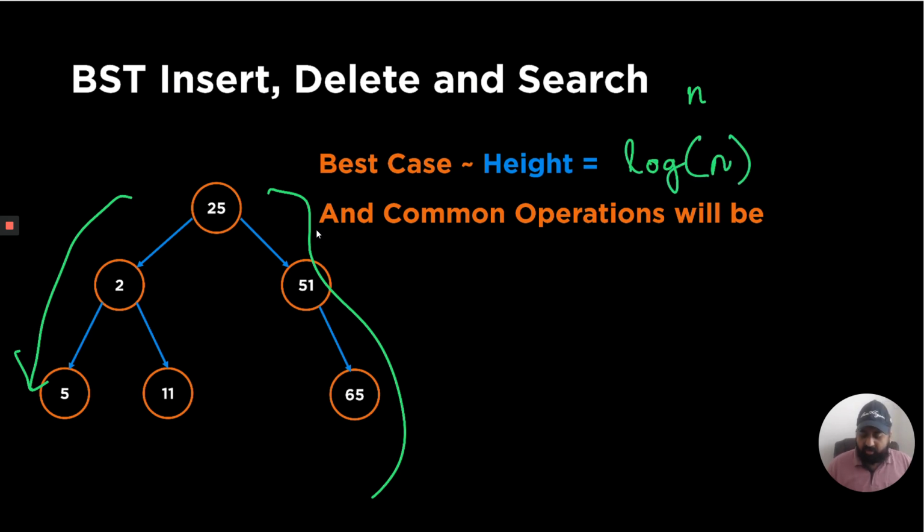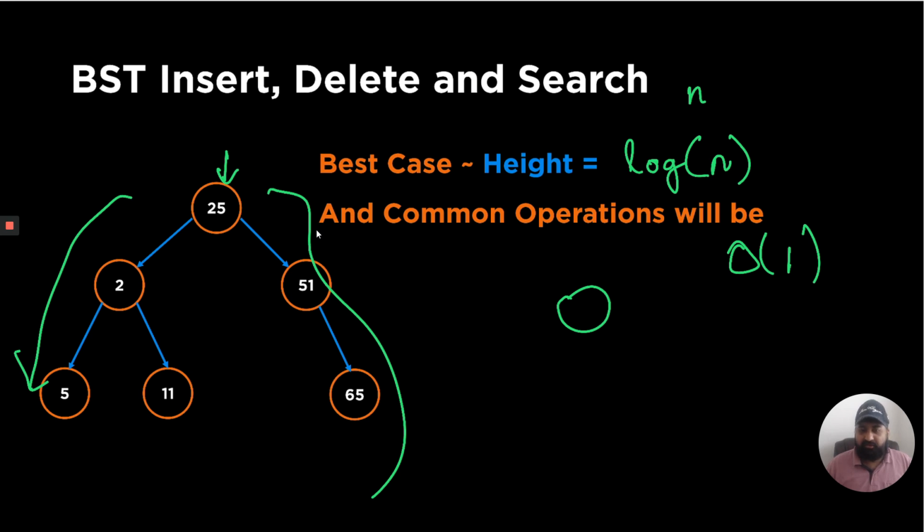But when we talk about common operations like finding an element, in the best case, we can think of it as we found the element at the first place, which was the root node, then we get O of 1 complexity. Or let's say if we are trying to insert an element and there's just one node in the tree, that's the root node, or the tree is empty, then it's going to be O of 1.